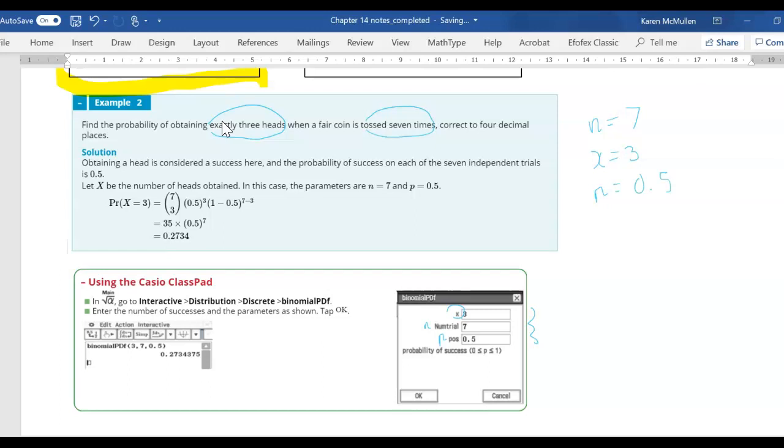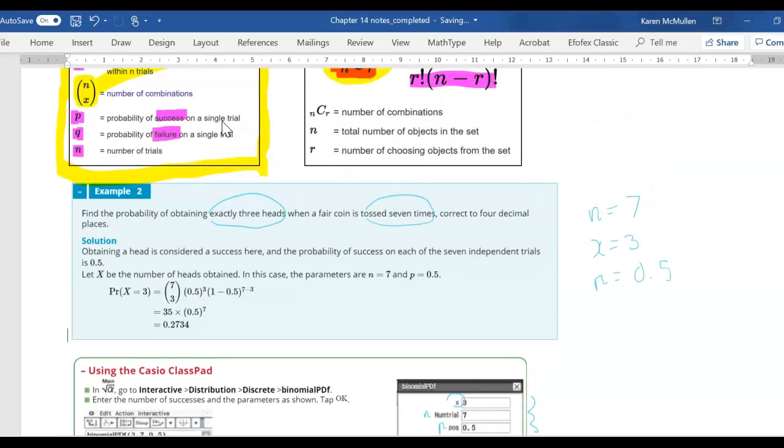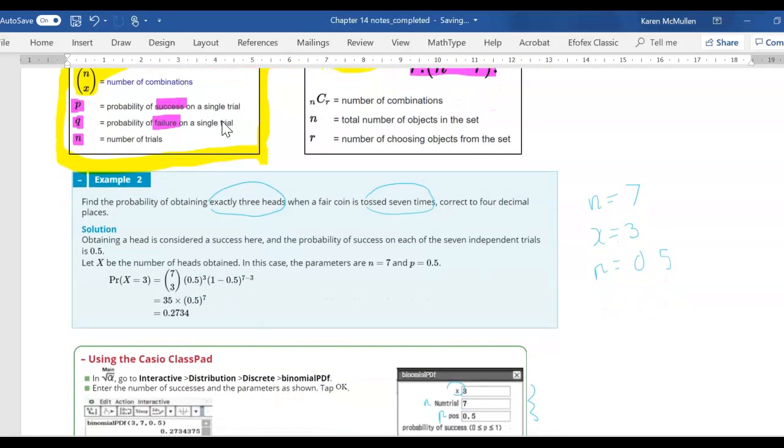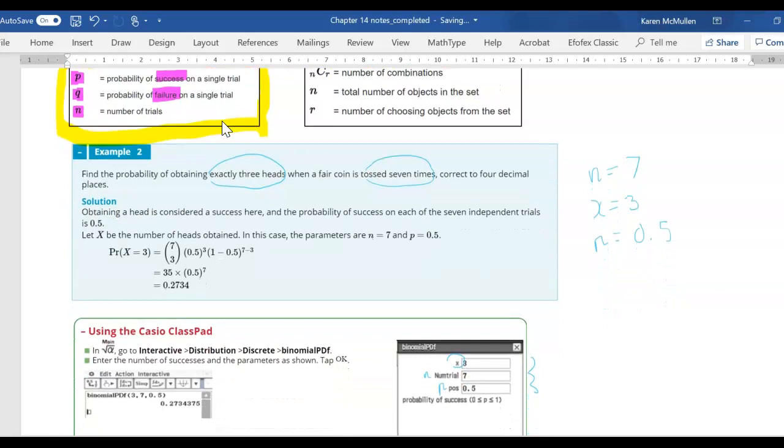Now putting it into your binomial distribution, you can see all the values here. Same binomial distribution that I highlighted in yellow up here. It's just been written down here. So we've got n, x, p. Now remember, q is 1 minus p.